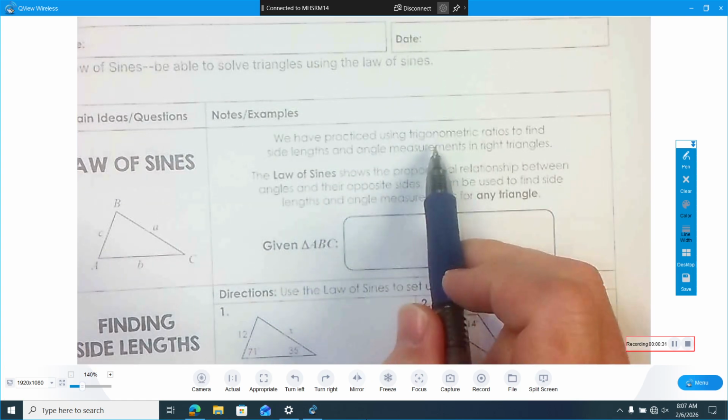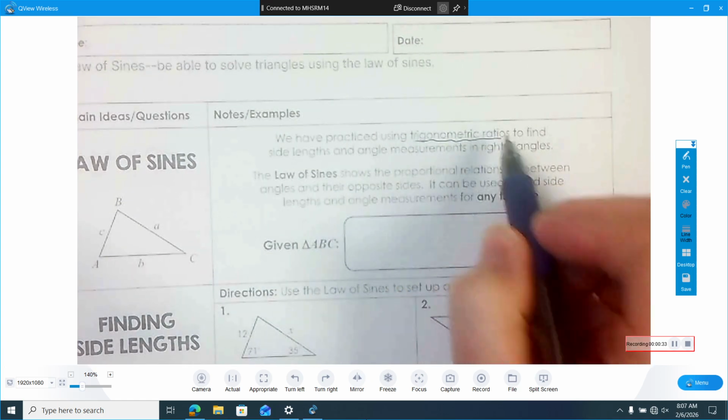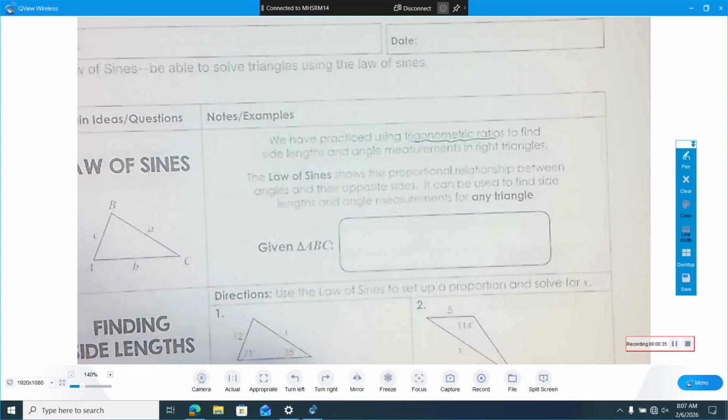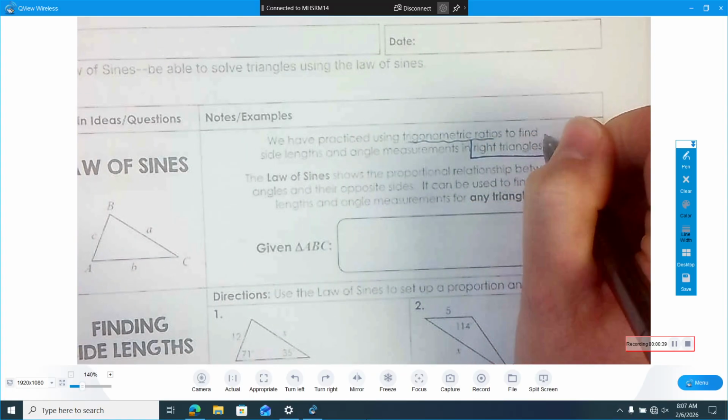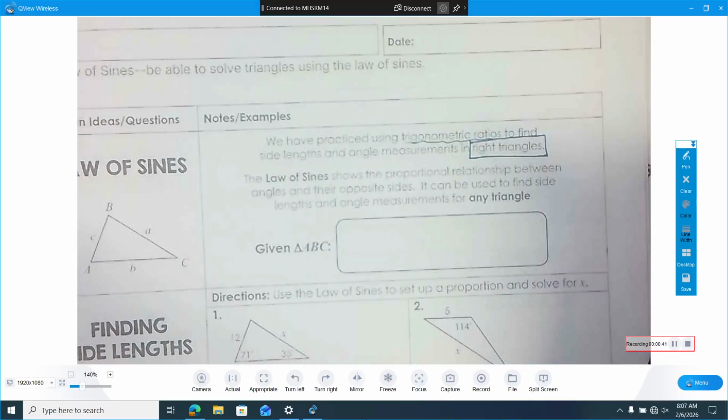So far, we've been using all of our trig ratios to find sides and angles of right triangles, which is key. Trigonometry is the study of right triangles, but it turns out it's not too hard to figure out relationships for non-right triangles.